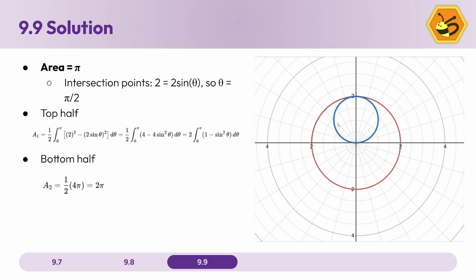So the reason I chose 0 to pi, again, sorry about the intersection points. It's kind of a red herring because we don't actually need it for our limits of integration. This isn't the best example to showcase when we would need our intersection points.